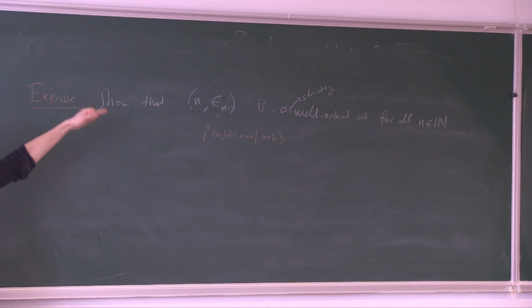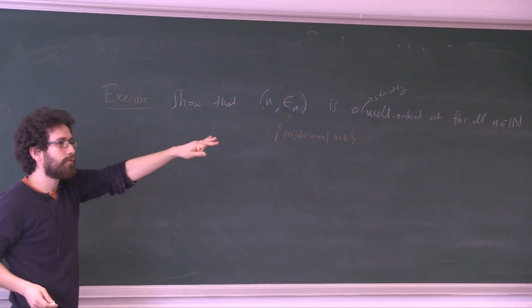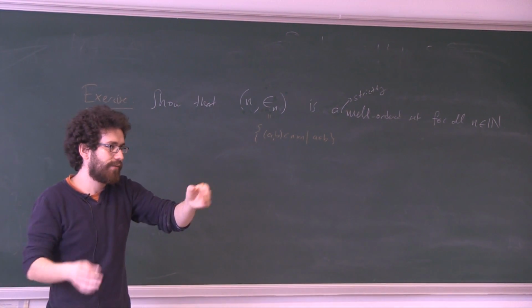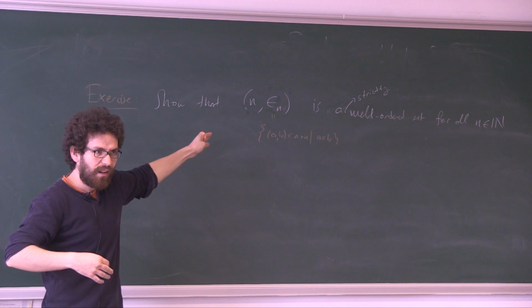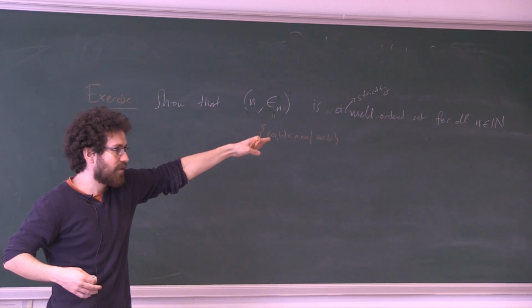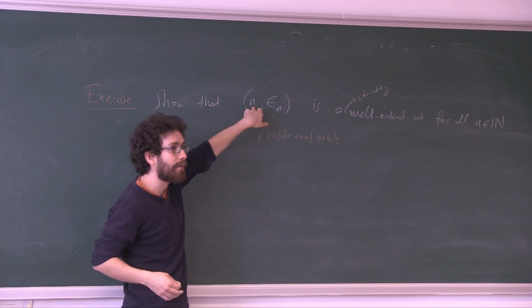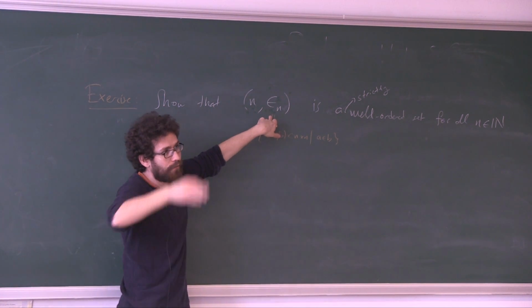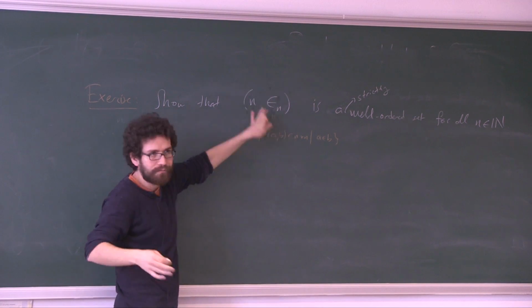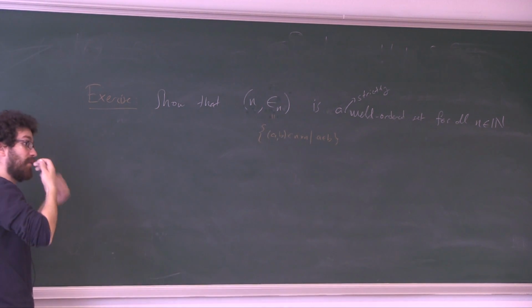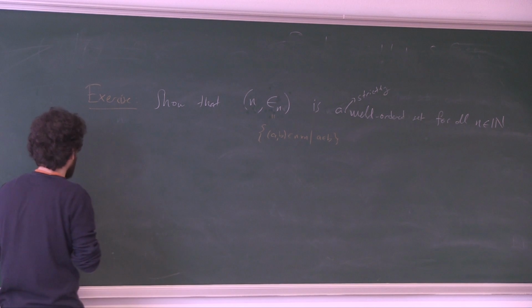Indeed, you can deduce this from one of the exercises. Remember, I told you to prove that if you have a well-ordered set, any subset is well-ordered with the restricted relation. We just proved that all of the natural numbers is well-ordered with respect to membership. This is a subset of natural numbers, and this is the restriction of the membership relation on all of it. So this is going to follow if you use the previous theorem. Otherwise, you have to do an induction argument.